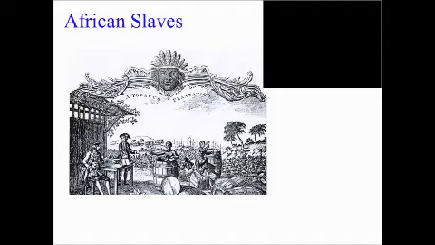Because Native Americans died so quickly or escaped back to their tribes so easily, and indentured servants were only temporary workers, Southern farmers still had a major labor issue. This continued until 1619, when the first boatload of slaves from Africa arrived in Virginia.